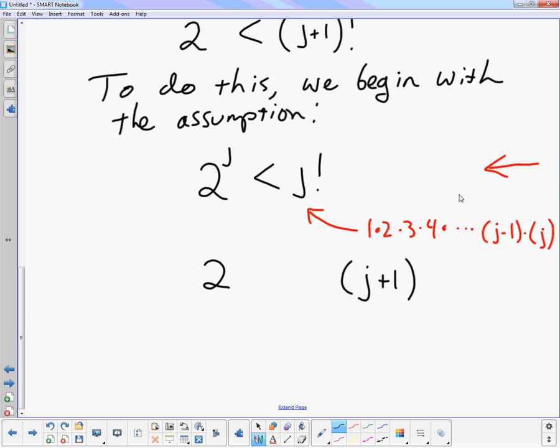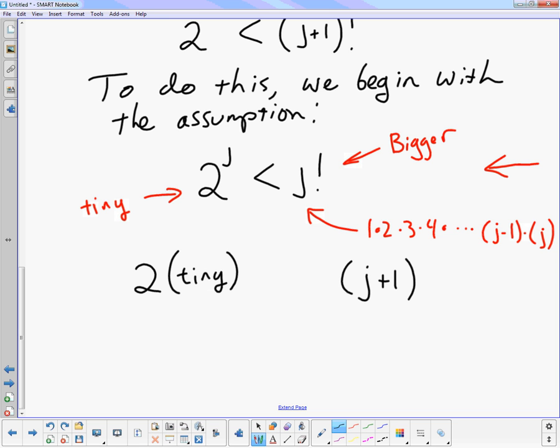Well, what's j? What's the smallest that j could be? So multiplying by 2 on the left and 5 on the right, am I still going to be dealing with the left-hand side being smaller? Think about it this way. This guy is tiny. And this is bigger. Right? So by multiplying these things on each side, now I have 2 times tiny and j plus 1, which is at least 5.